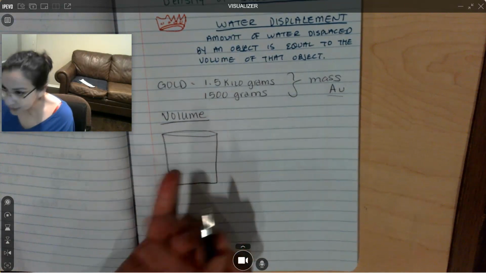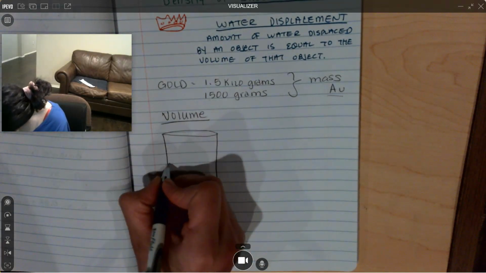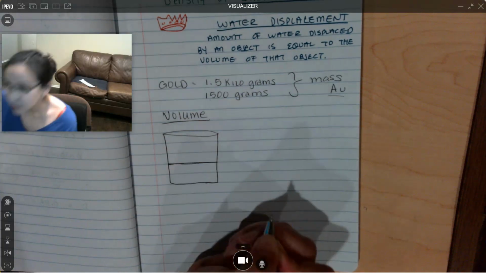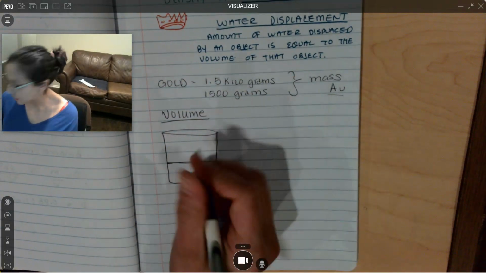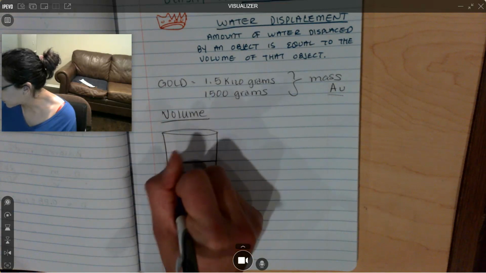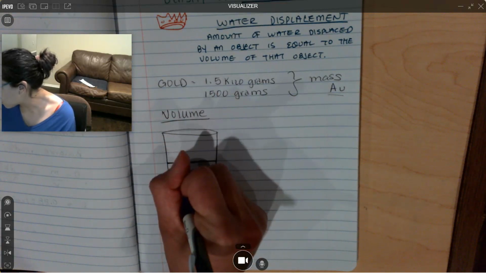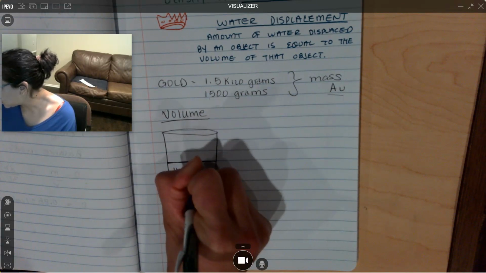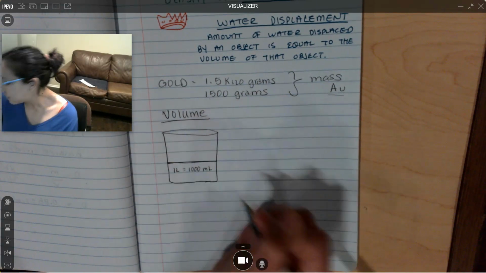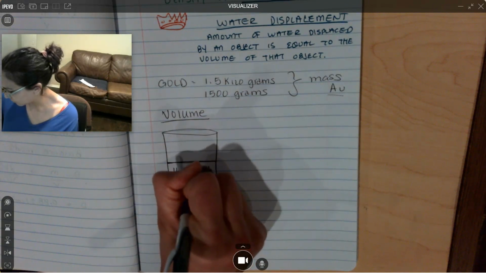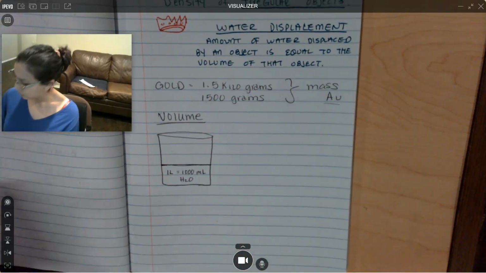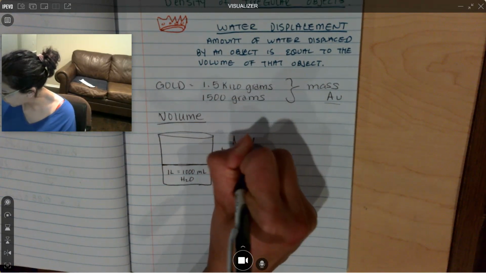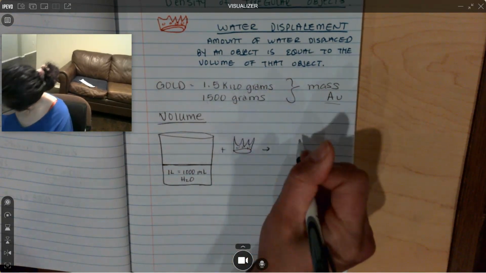And in this container, let's say we have 1 liter of water. 1 liter is equal to 1,000 milliliters of water in this container. Okay, we add our crown to it. What happens?